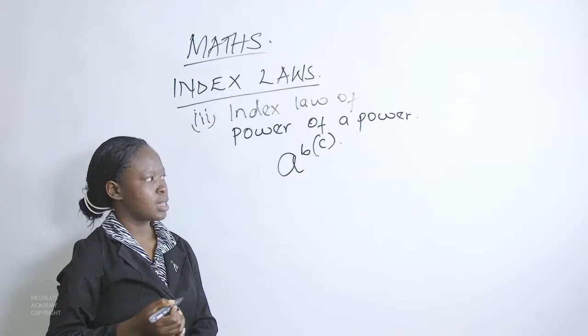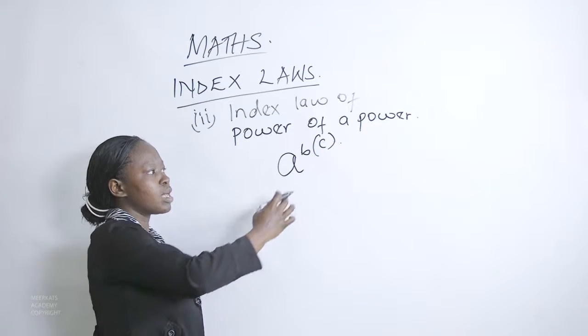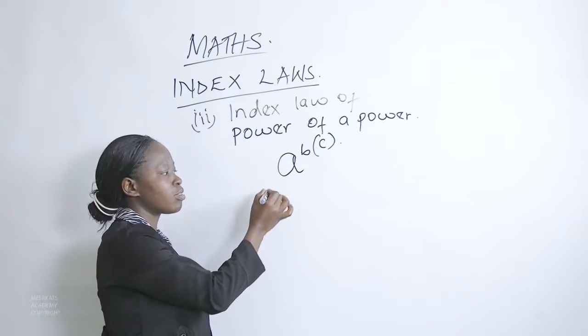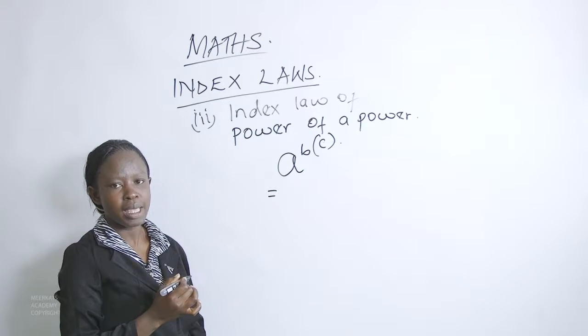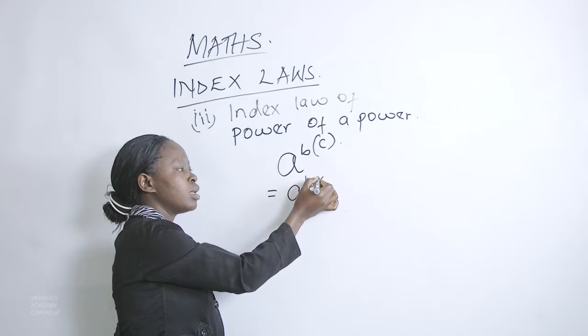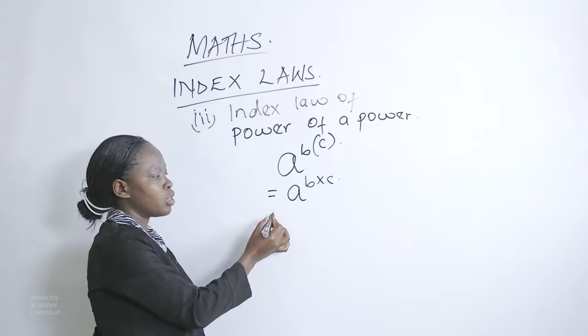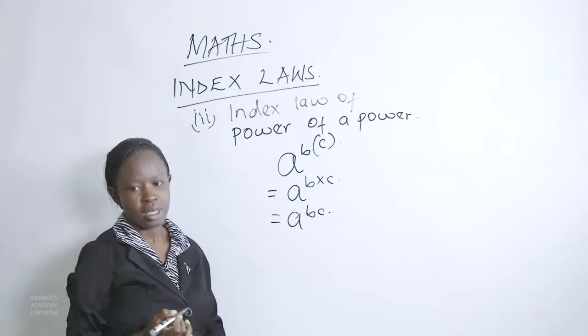So what does this mean? We have two powers in this case. In my simplification, this will be simplified by multiplying the powers, such that I'll have a to the power of b times c, which gives us a to the power of bc.